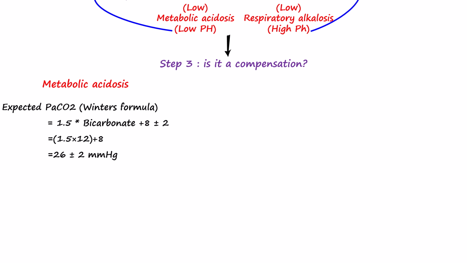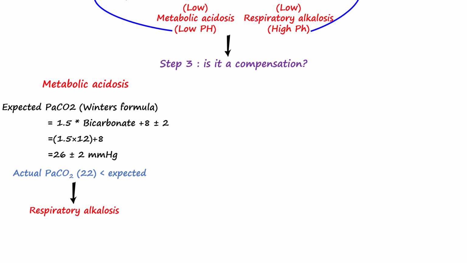Plugging in the bicarbonate level of 12 into the formula, we would expect PaCO2 to reduce to 24 to 28 mmHg. But the actual or the measured PaCO2 of 22 is lower than expected for pure metabolic acidosis. This suggests that there is an additional disorder that causes CO2 to fall beyond the expected level, and that is respiratory alkalosis in our case.